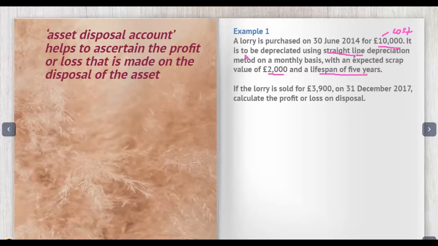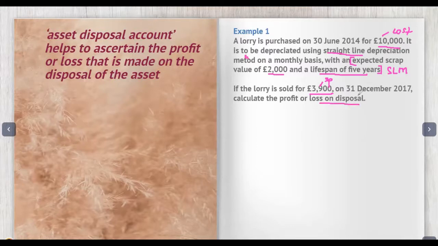So we know it's a straight line method, and this is our cost. If the lorry was sold for £3,900, so this is our selling price, calculate the profit or loss on disposal.